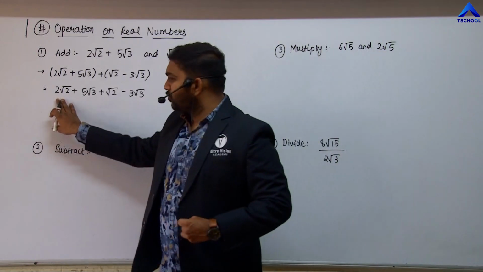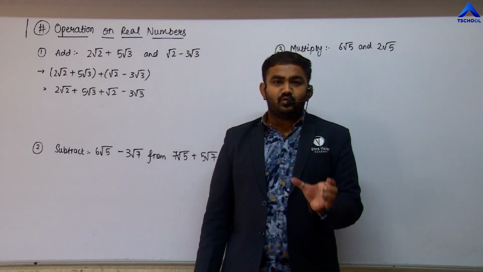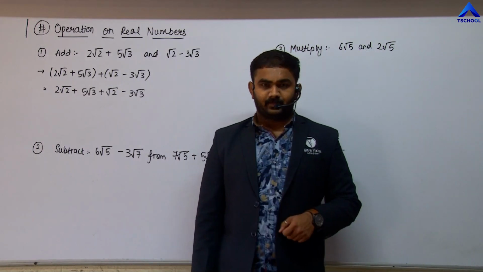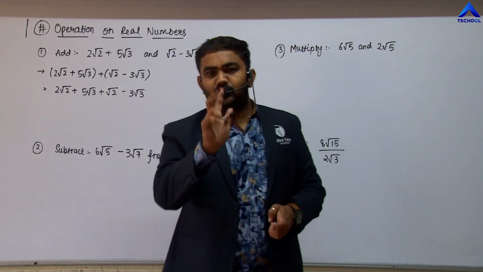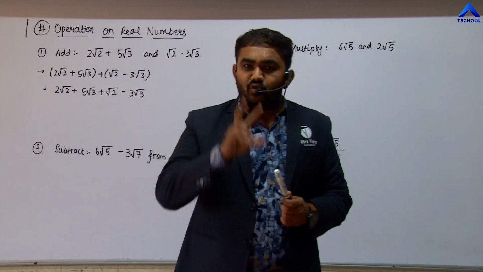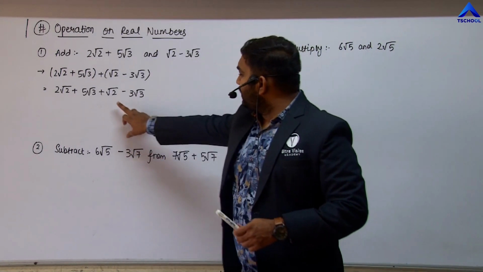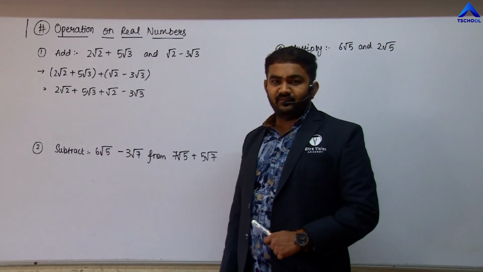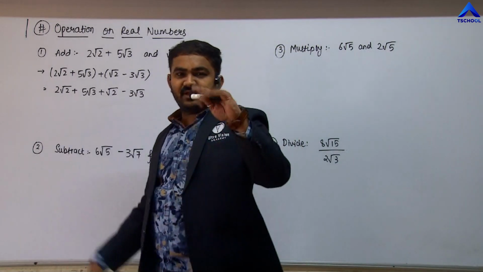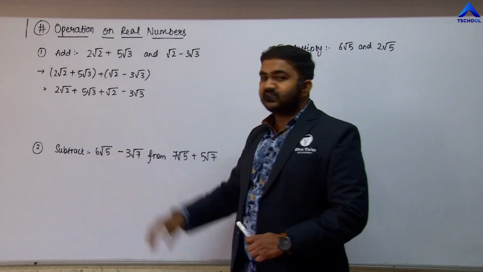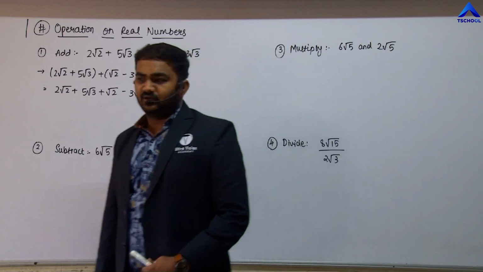Here it is written 2 root 2, that means we are having 2 root 2's, two quantities of root 2. Here it is only one quantity of root 2. Here it is 5 quantity of root 3, and here it is minus 3 quantity of root 3.